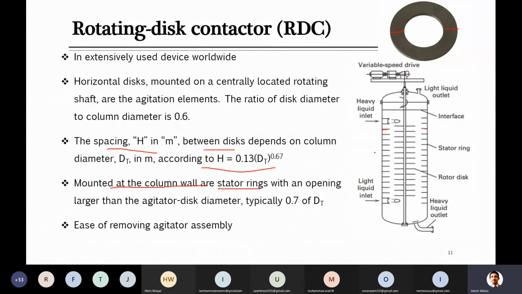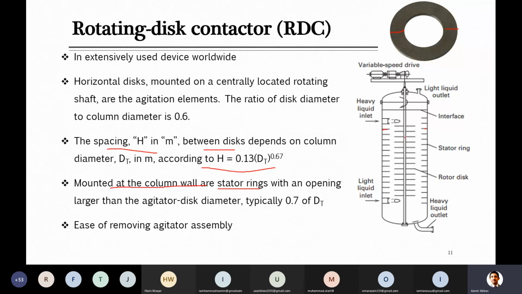So if you have to decide the height, it can be calculated with this. If we know the diameter of the tower, we can find it, and if we know the total height of the column, we can install a number of these throughout the column.